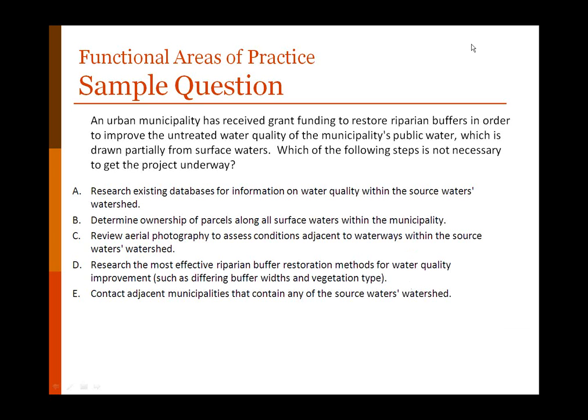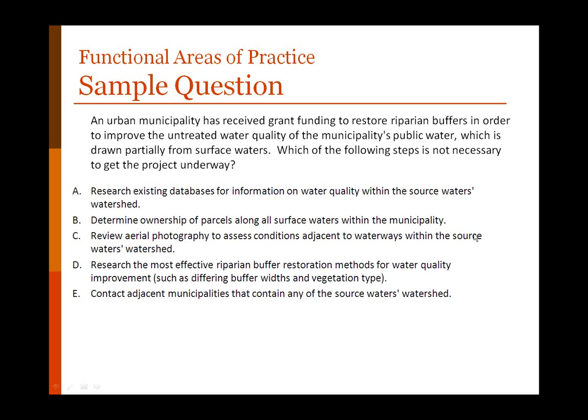And in this case, the important things to look at in this question: which of the following steps is not necessary. So first of all, you're looking for the not necessary part, and to get the project underway. So you are starting this process. So you want to think about what is earlier as opposed to something that could be attended to later. And obviously you're just looking for one item.